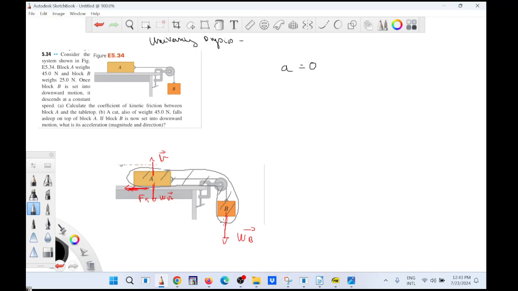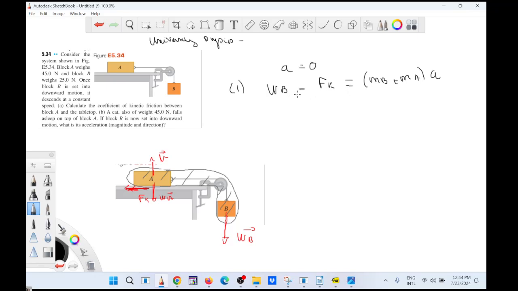The driving force, the winning force here, is the weight minus the kinetic friction, which equals the total mass, mB plus mA, times the acceleration. So if you were asked to find the acceleration, you use this equation.